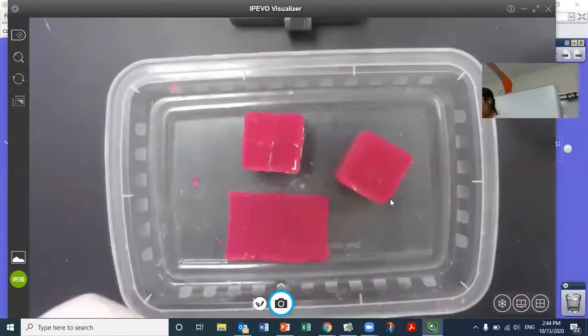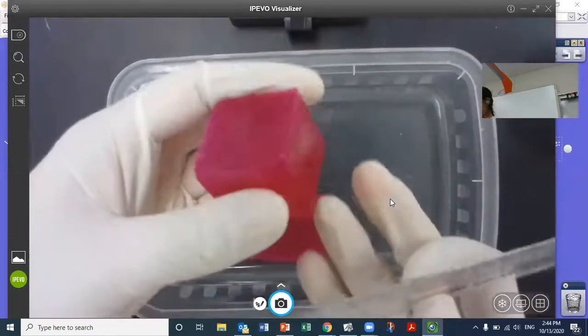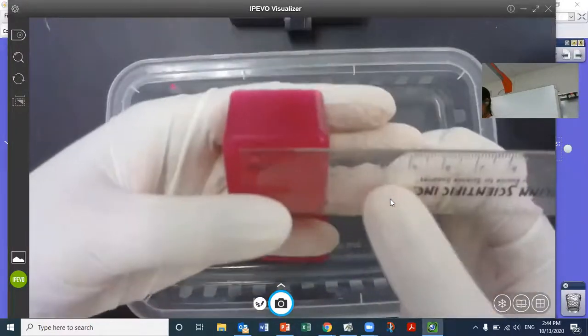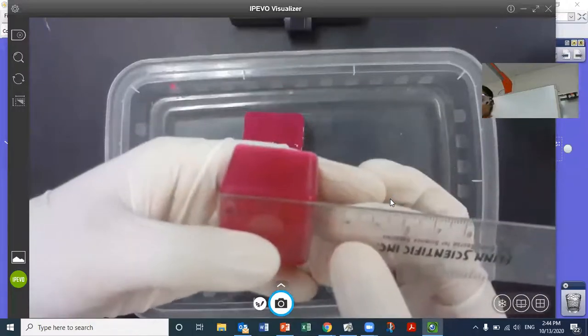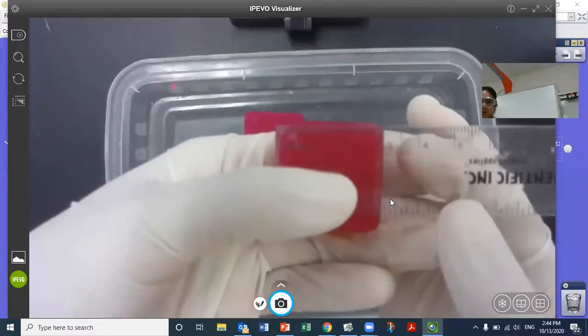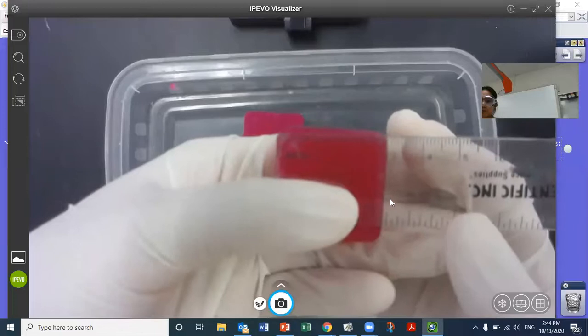Okay, so easy first things first, let us measure using millimeters the dimensions of our big cube. If we take a look at our big cube, our base, I don't know if you can actually see this, is pretty much exactly 30 millimeters.